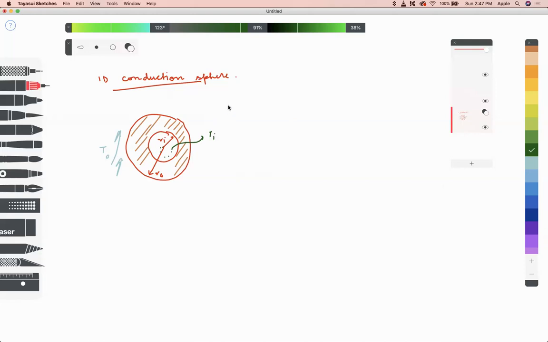So in this case also you can see the area of the sphere is changing from the inner hollow part to the outer part, so area is not constant here.